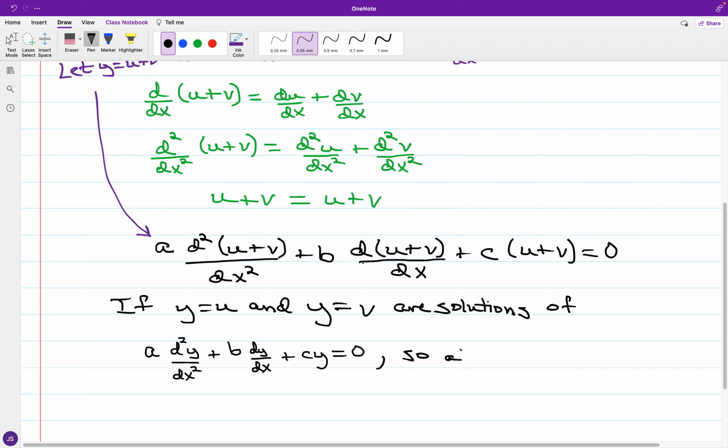So also are we going to have as another solution y equal to u plus v?